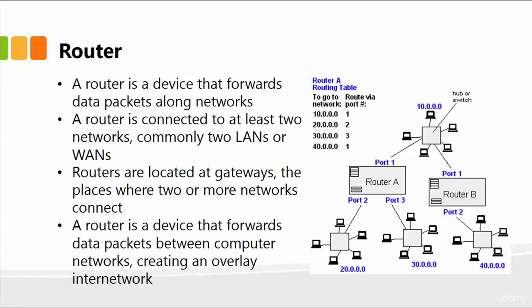So in this diagram we have two routers, router A and router B, and they're connected to different subnets, or different networks. And each network can have its own physical devices such as hubs and switches. So the router, using different ports, can simply send traffic from one subnet to the other, one network to the other, and so on.